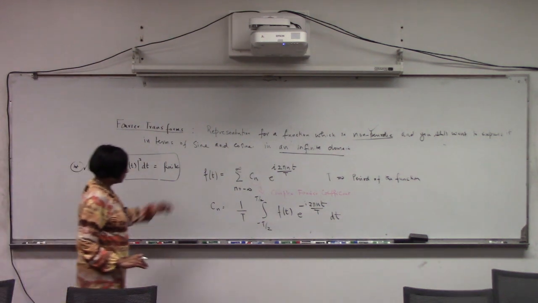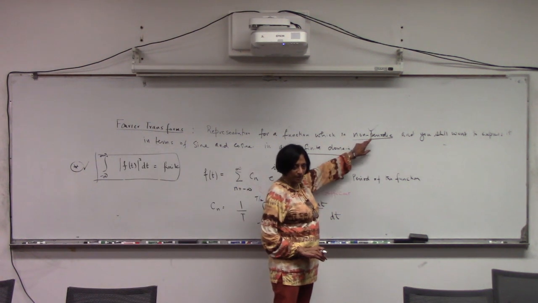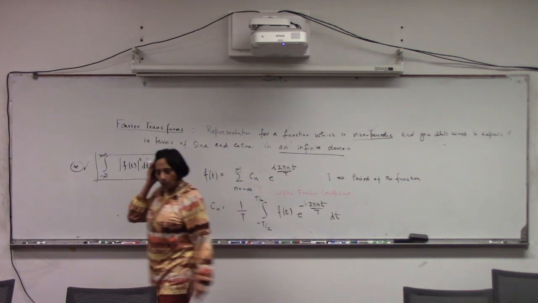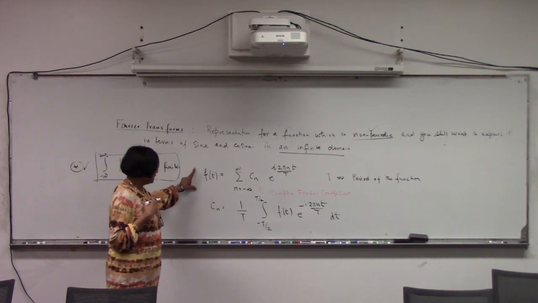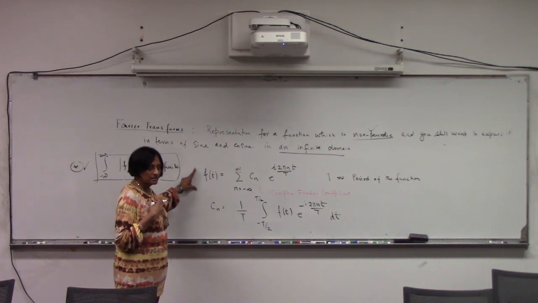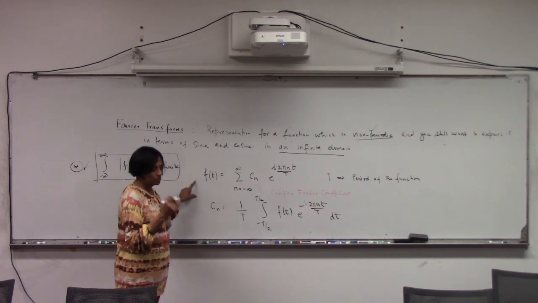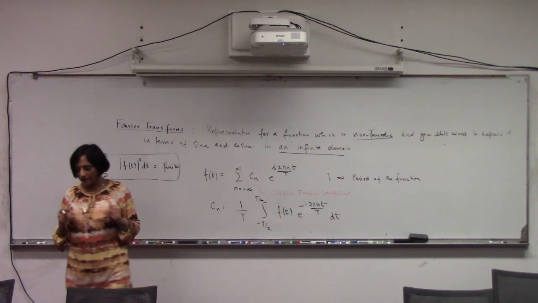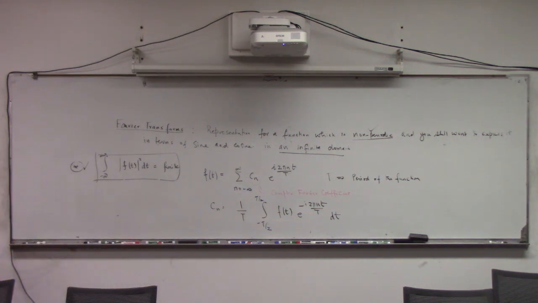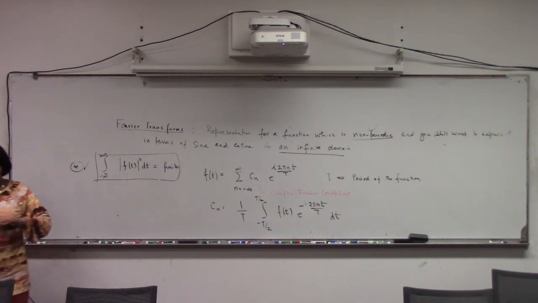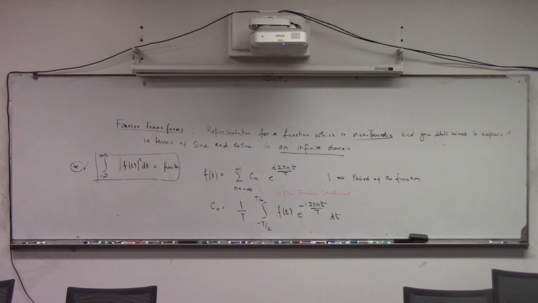All right, so all we know is the function is non-periodic. So from what we know, if you have to use a complex Fourier series representation to represent a function which is not periodic, what is the first step that you will do? That's what is going to lead to the definition of Fourier transform.